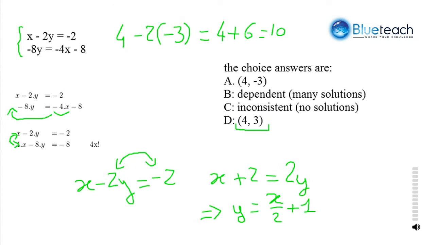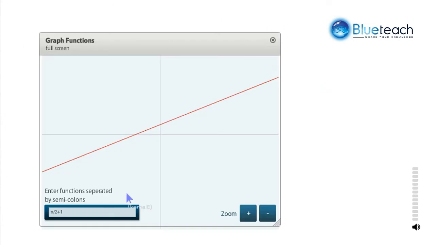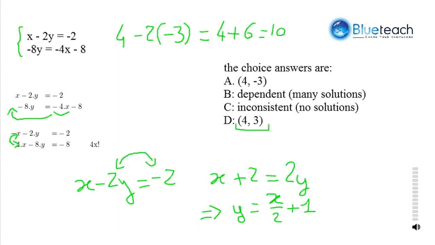And we can graph that here, x divided by 2 plus 1, and we'll get this line of solutions. So any point on this line is a solution to that equation. So the answer is many solutions.